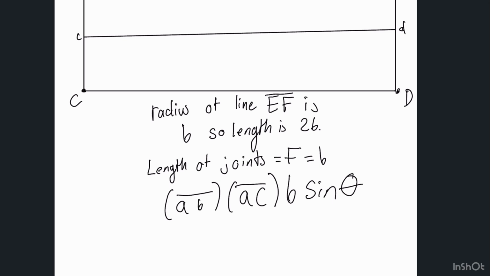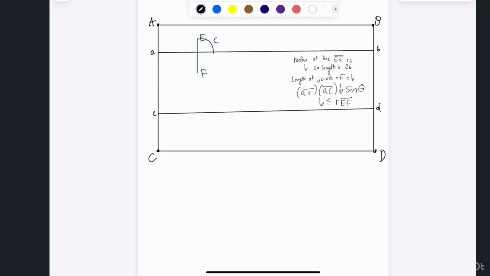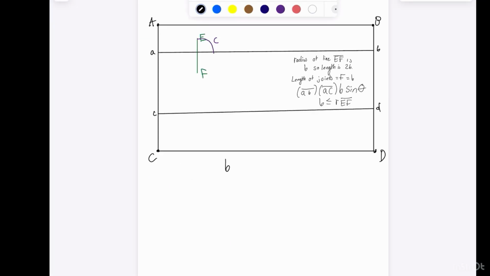And then B is always greater than or equal to the radius of EF. B sine theta is basically just the arc of C, but I had to put it this way so my brain would understand it. So although my notation is a little bit different than Buffon's, it basically stood for the same thing. All right, I put all our notes up there.